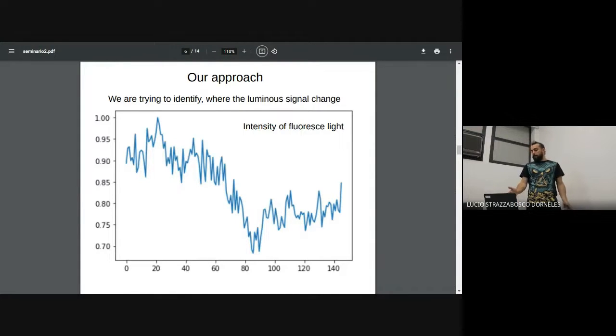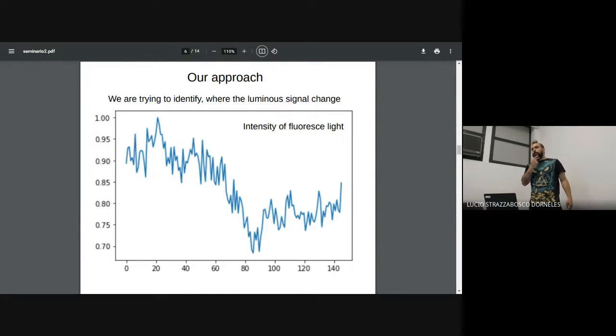Here we have a conjectural question, because we think that when the cell starts to divide, it changes its intensity of fluorescent light. And here you can see the intensity decrease.